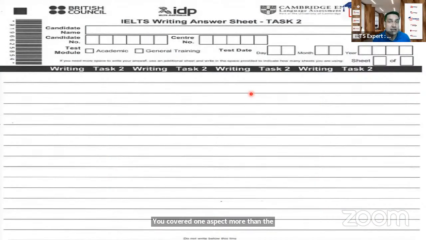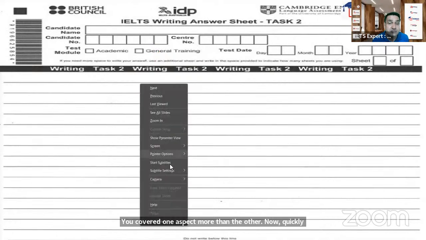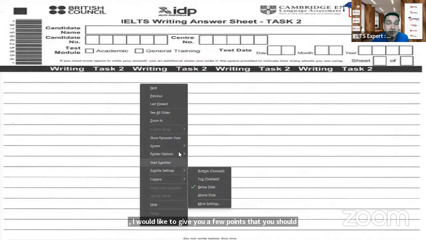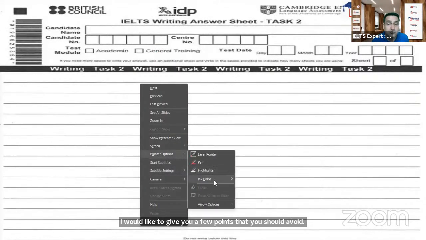Now, quickly, I would like to give you a few points that you should avoid in formal writing, and then we'll be looking at other aspects. So avoid this in formal writing, or plain writing, we can say.